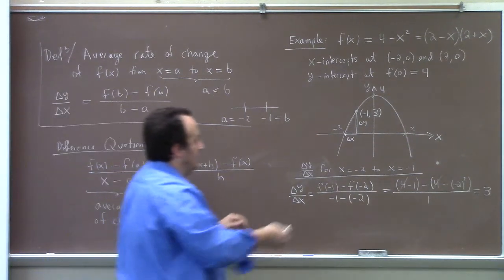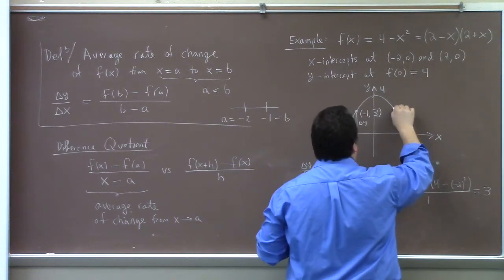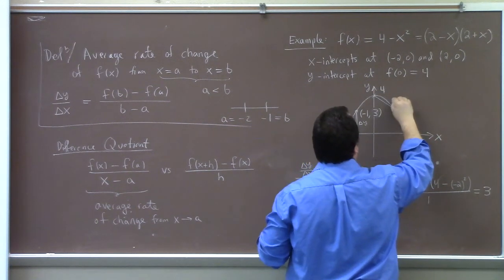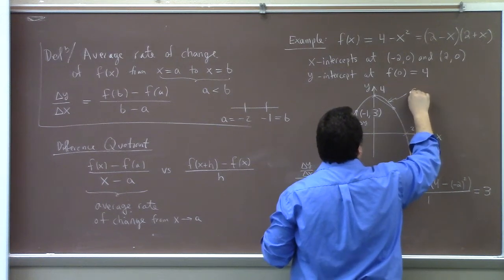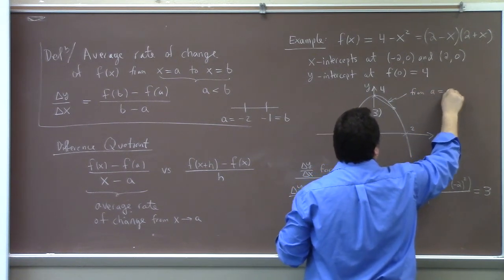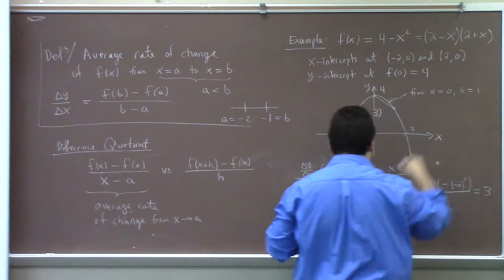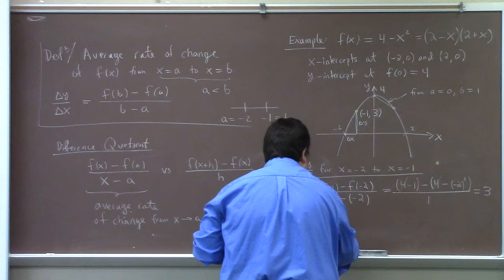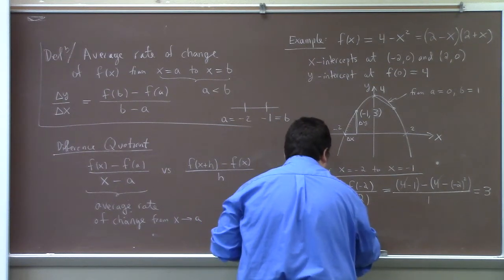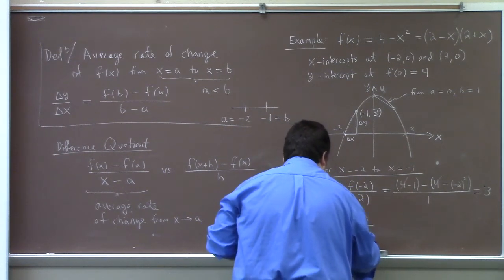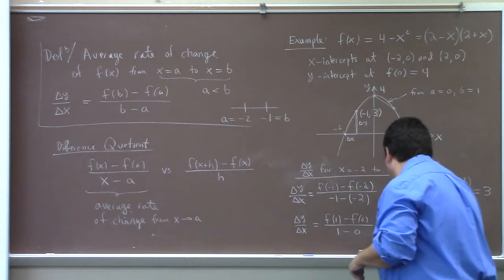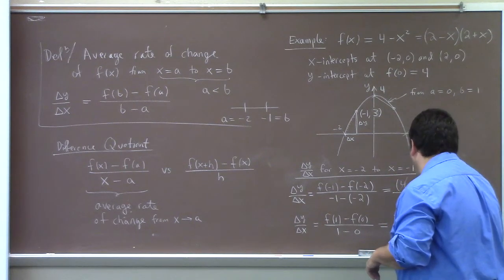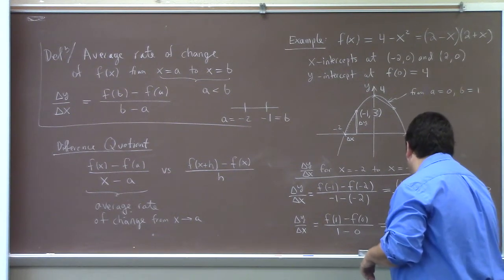What about over here? What if we look at the change, let's say, from there to there, right? So let's go from a equals 0 and b equals 1, right? What's delta y over delta x in that case? F of 1 minus f of 0 over 1 minus 0, which is 4, well, excuse me, 3 minus 4 divided by 1.